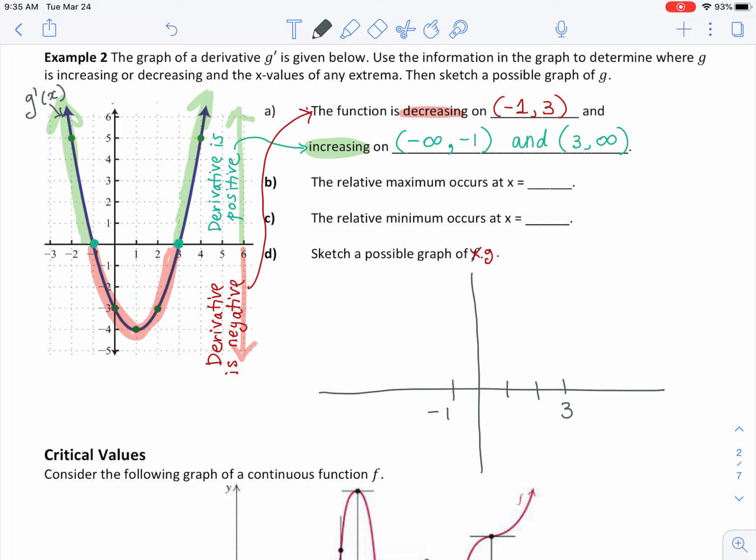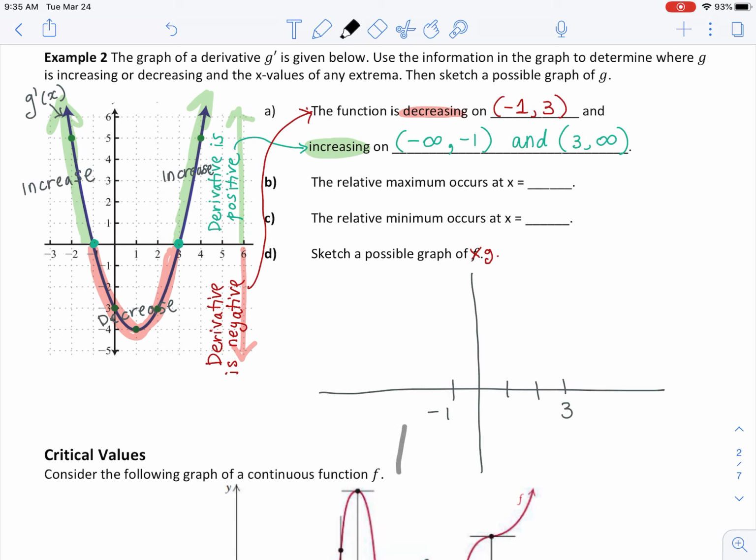So first of all, let me start with all the way on the left. This is where the graph will increase, right? Why? Because it's above the x-axis. So increase and increase over here, and this is where the graph will be decreasing. So I'm going to go ahead and sketch a graph.